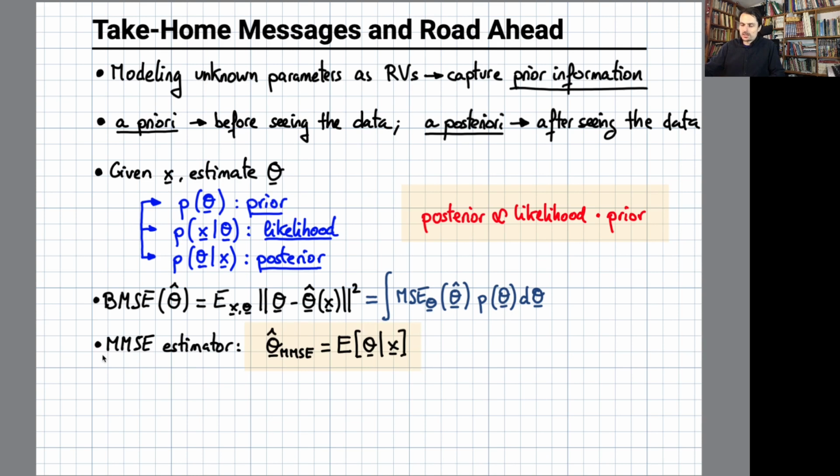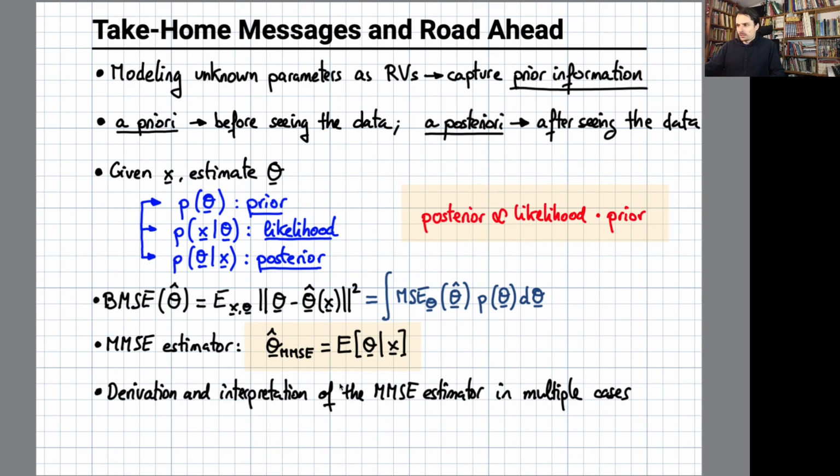We derived the MMSE estimator as the estimator that minimizes the BMSE, okay? And we showed that it is nothing but the conditional mean of theta given X, okay? Then we derived and extensively interpreted the MMSE estimator in many cases of practical relevance, including a lot of insight into multivariate Gaussian distributions.